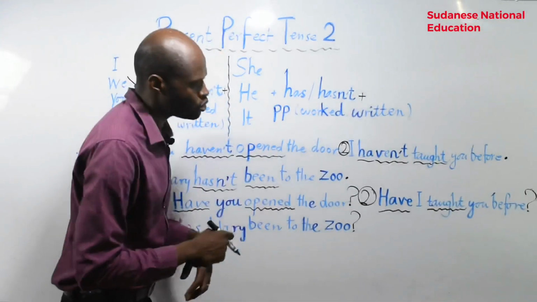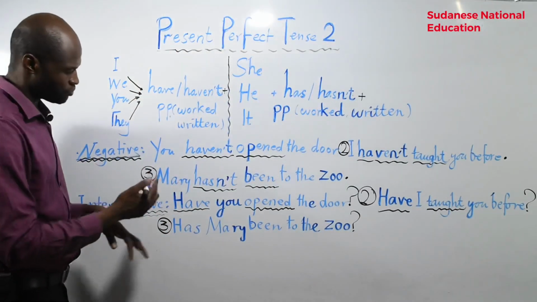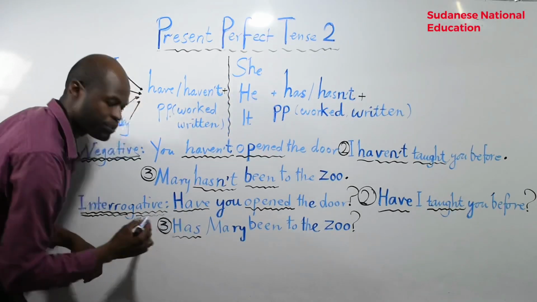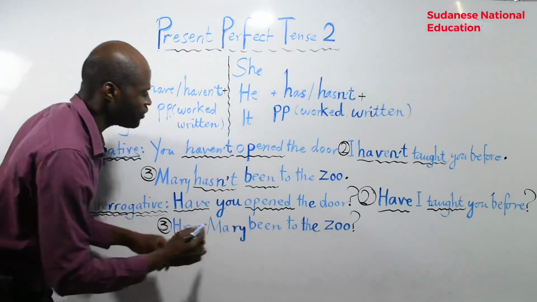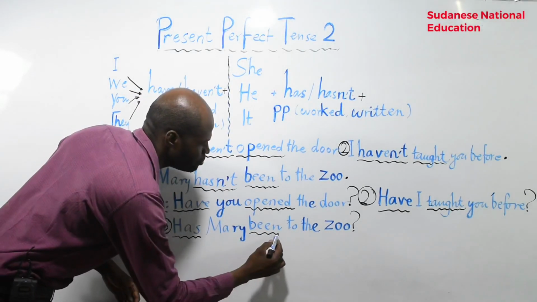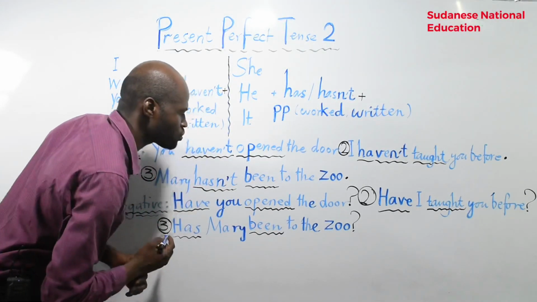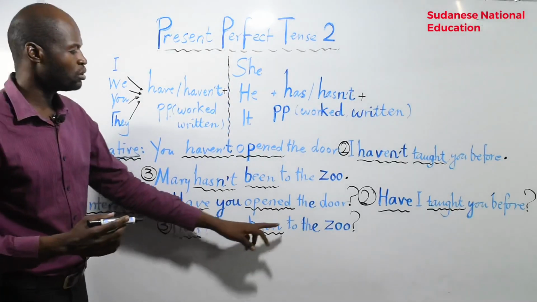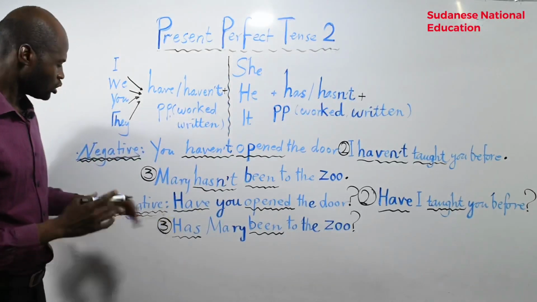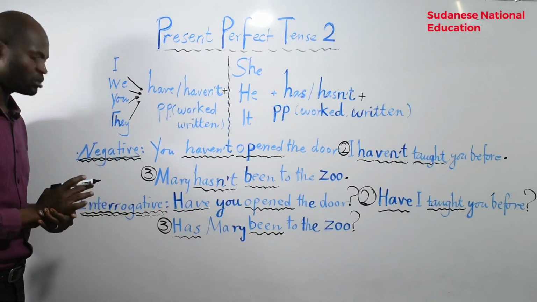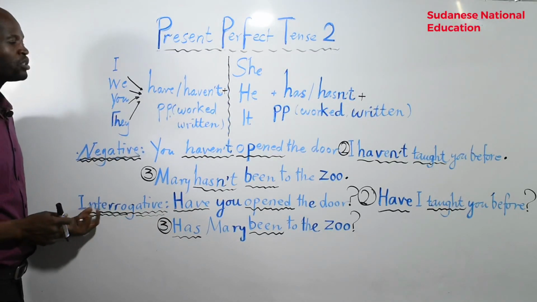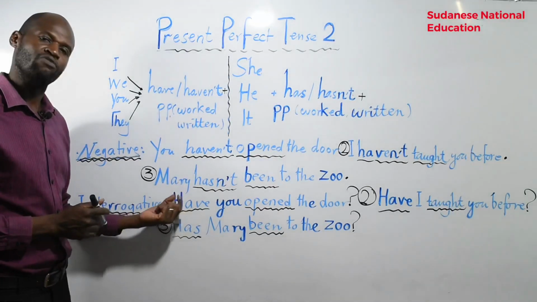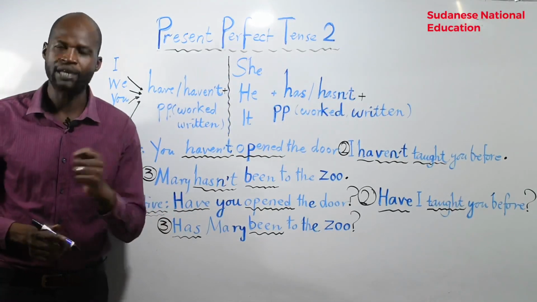Have I taught you before? With number 3, we use has, third person singular. Has Mary, and then been as the past participle. So, Has Mary been to the zoo? These types of sentences, we call them interrogative sentences, and we invert the verb have or the verb has.